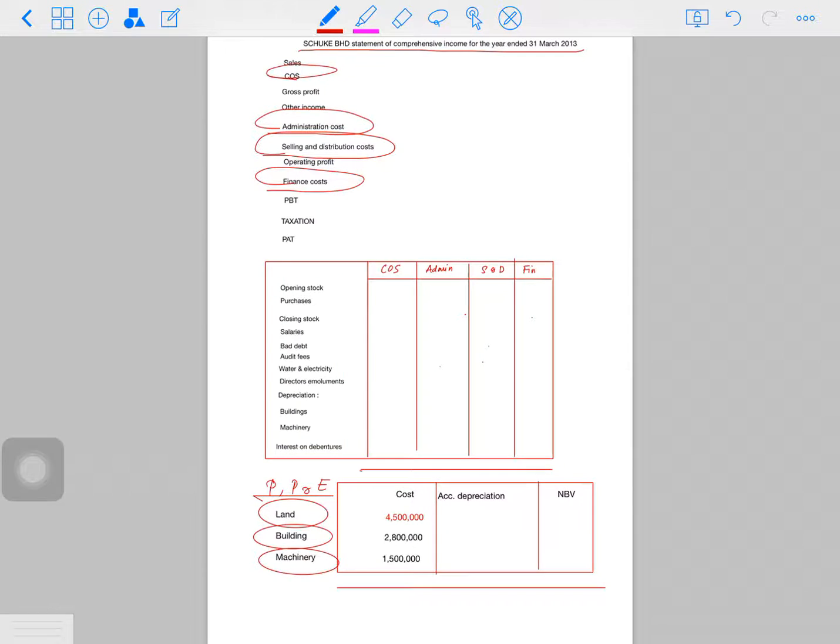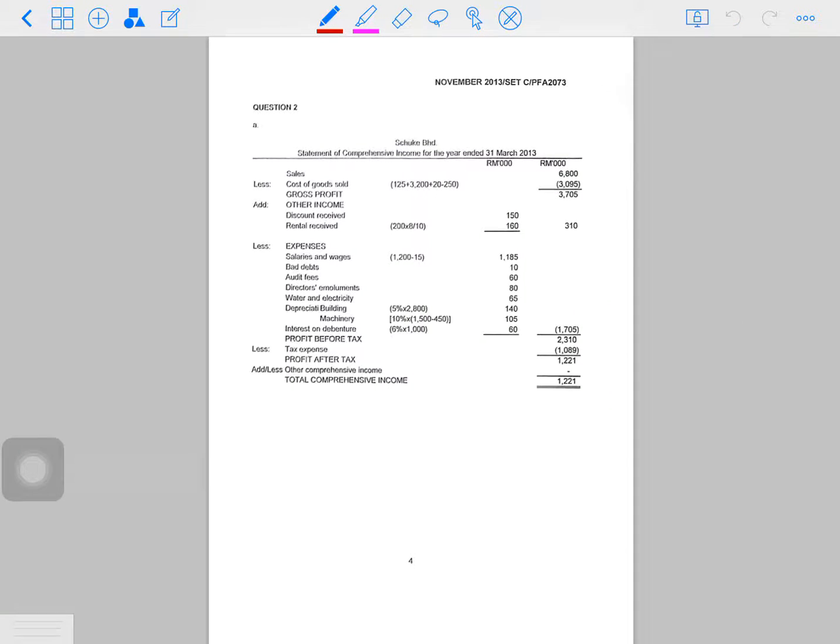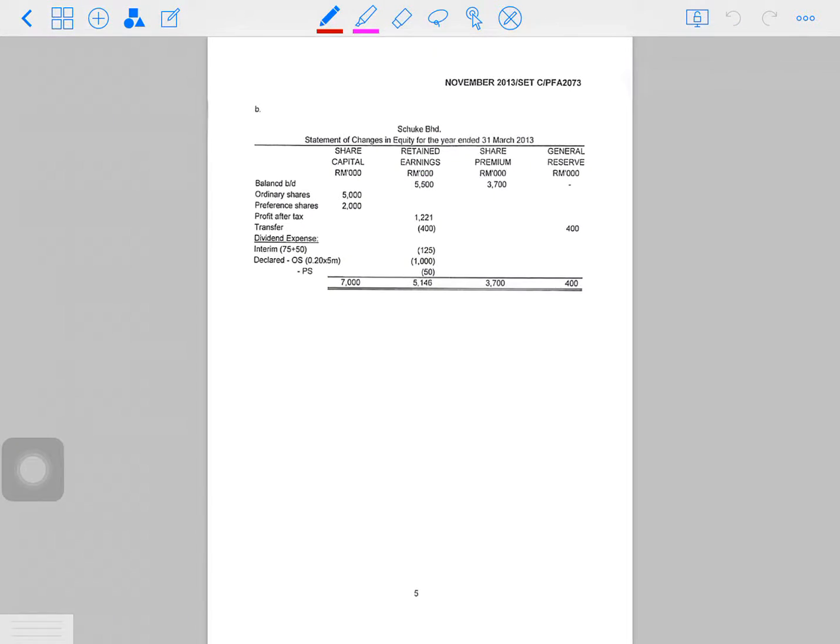And then you have to prepare the statement of changes in equity. Just the skeleton, which is the title and the items normally inside: balance brought down, ordinary share, preference share, profit after tax, and so on.